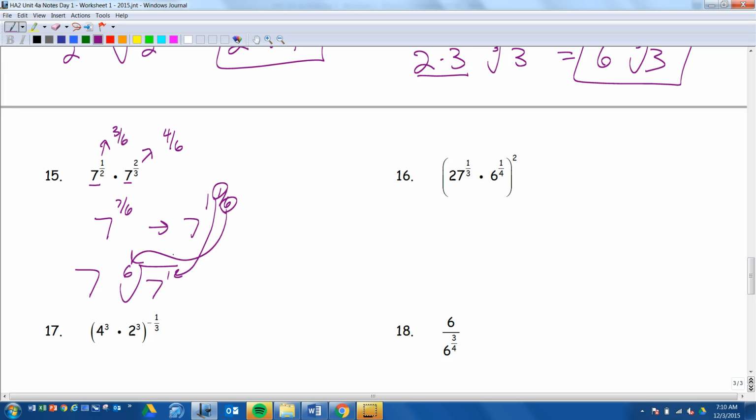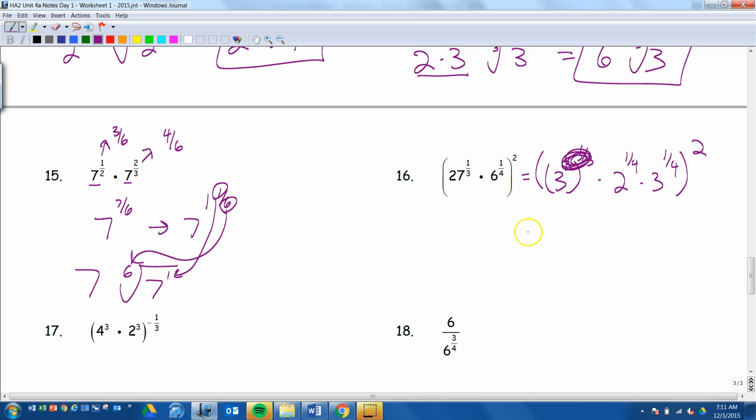Remember, you cannot multiply bases together unless they are the same. So instead, we're going to have to work with the numbers separately. So first thing I'm going to say is, well, 27 is 3 to the 3rd. 6 is just 6 because it's a 2 and a 3. Actually, we can break it down, but it's a 2 to the 1/4 and a 3 to the 1/4. Now we're going to square this. First of all, this goes away right here.